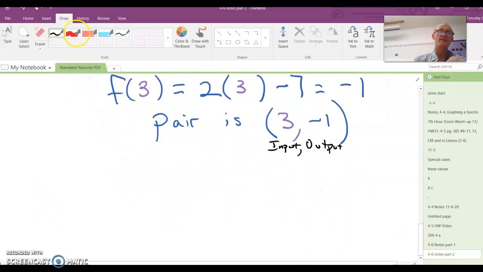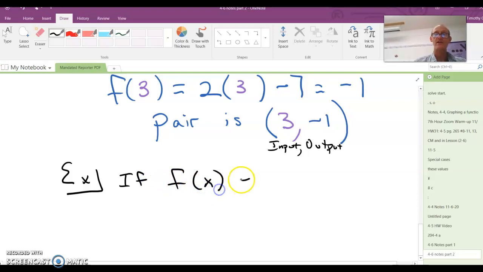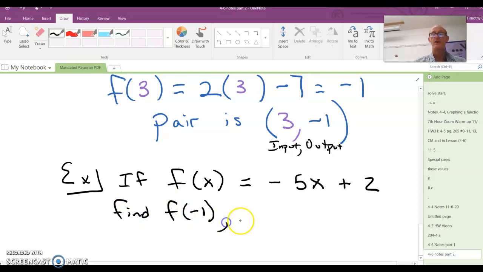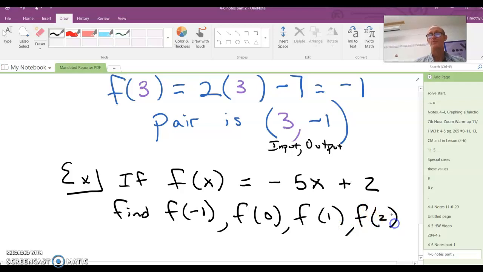Example 2, this is the last one here. If f of x equals negative 5x plus 2, we want to find f of negative 1, f of 0, f of 1, and f of 2.